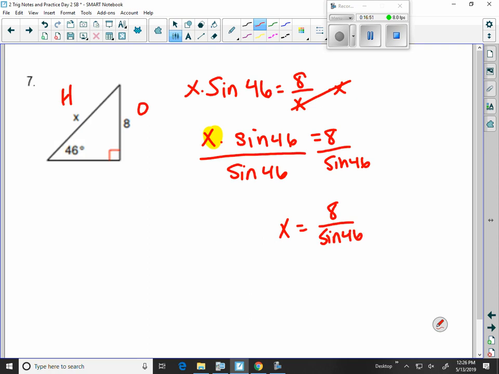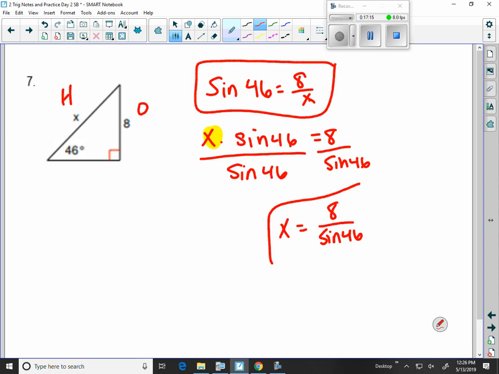Before you put this in your calculator, I want you to pause. What do you notice? I'm going to try to simplify it here. What changed between this step and this step?